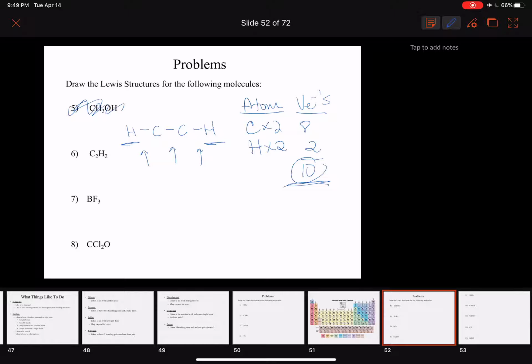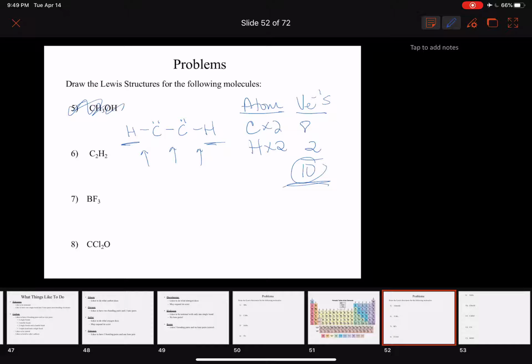And the rule after that said when you're done there, go ahead and distribute those lone pairs to the central atoms. We have 2 central atoms here, so we'd put the lone pairs here. Now, we're not done because we can see that each of our carbons has a sextet. It has 4 electrons that are bonding, so those 2 single bonds, we have 2, 4, and then 2 from the lone pairs, which is 6.